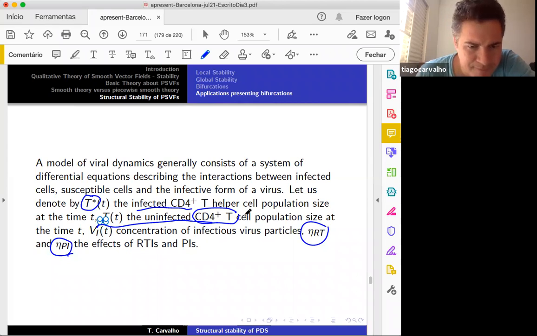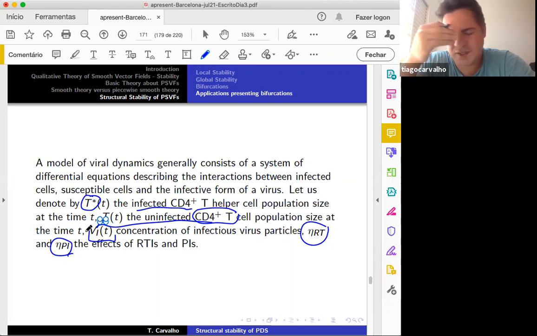V corresponds to the concentration of virus, because it's possible that a T cell is infected, but this cell does not have a sufficient virus inside.